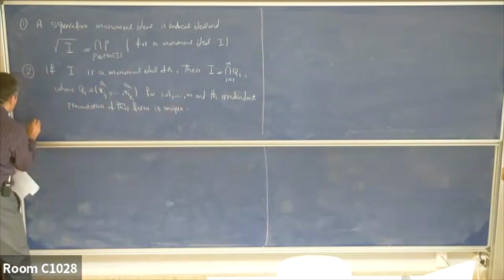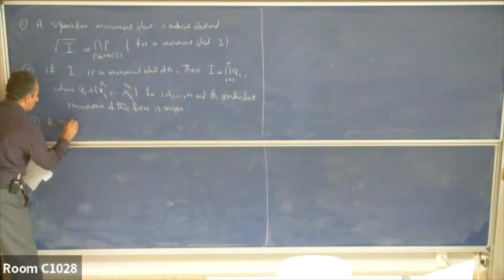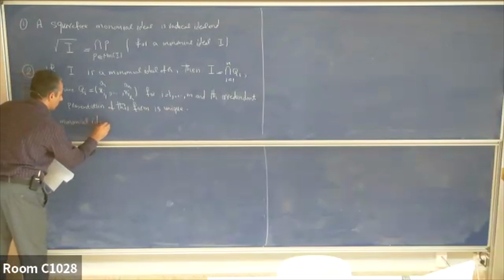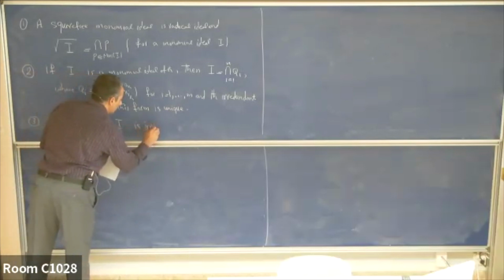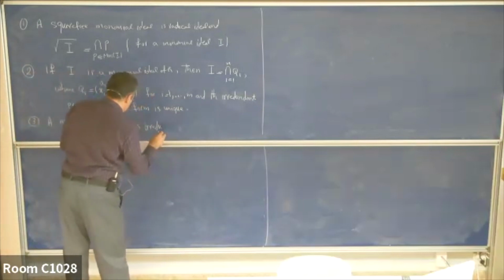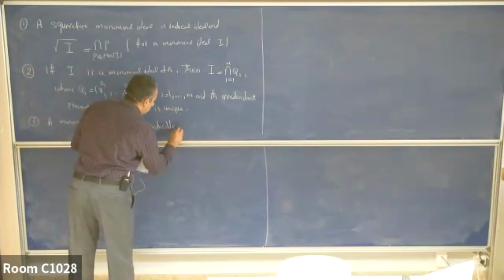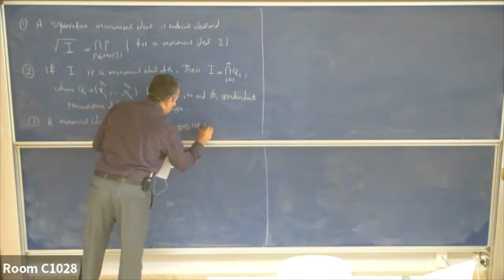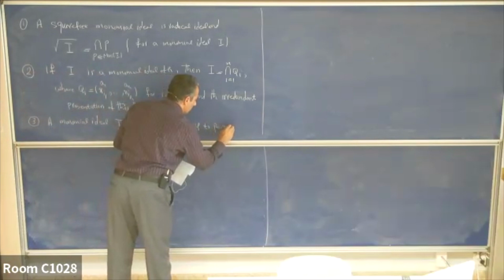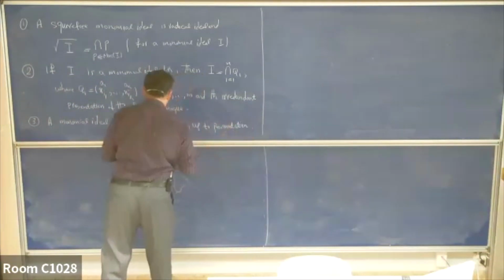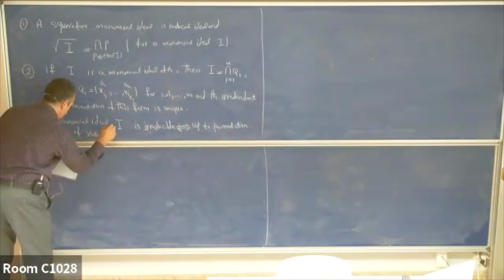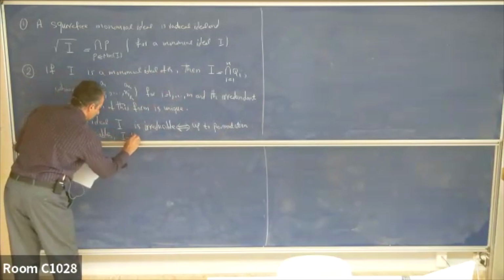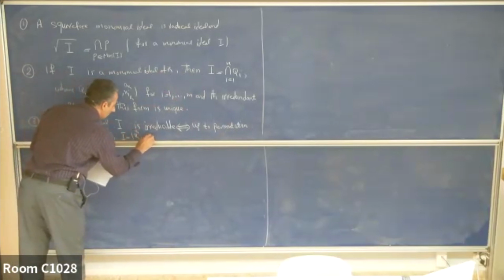And three, a monomial ideal I is irreducible if and only if, up to permutation of variables, I has this form: (x_1^{a_1}, ..., x_r^{a_r}).